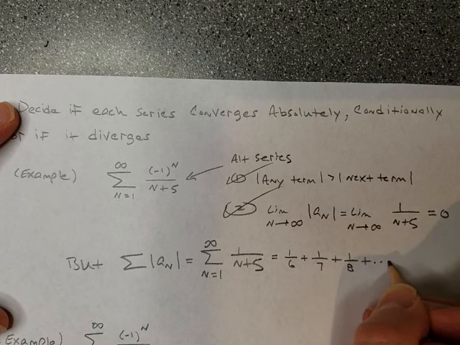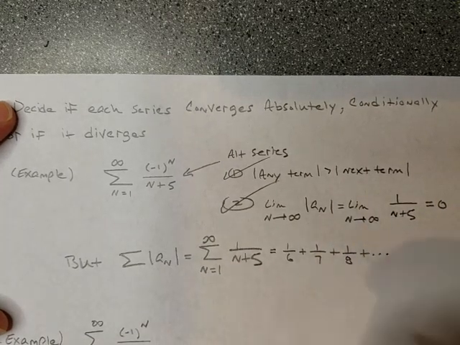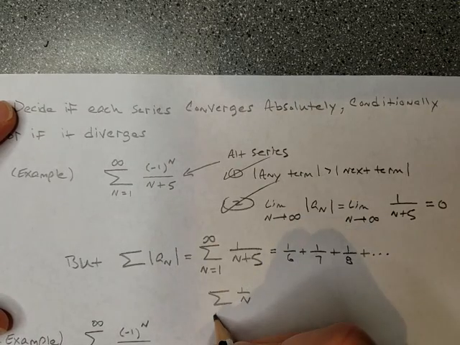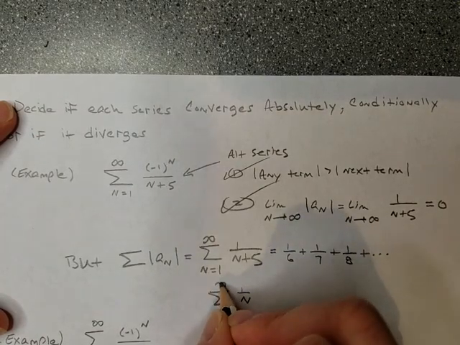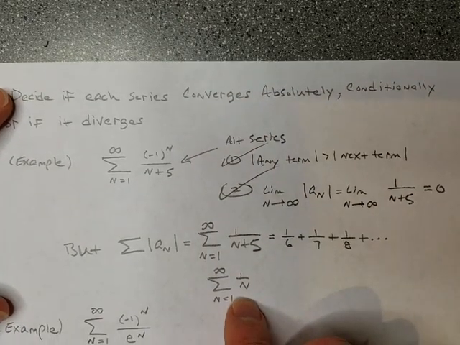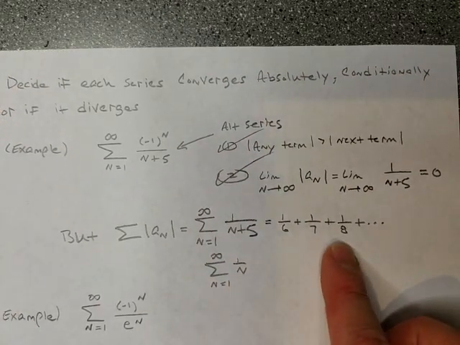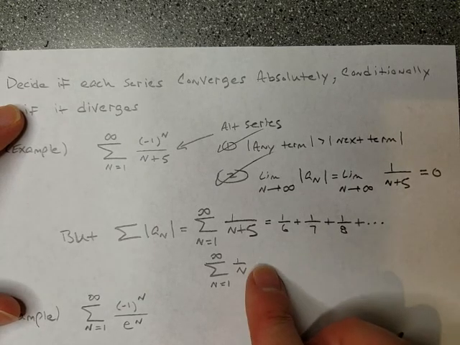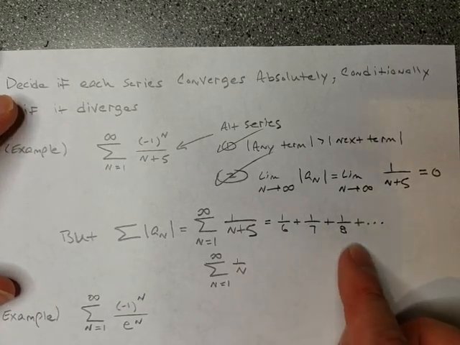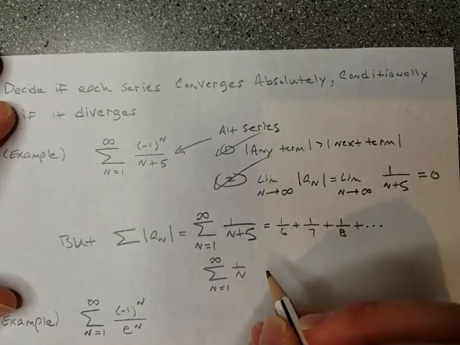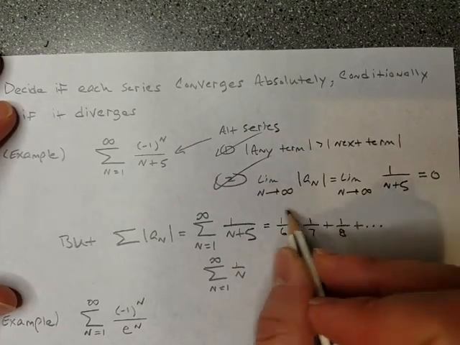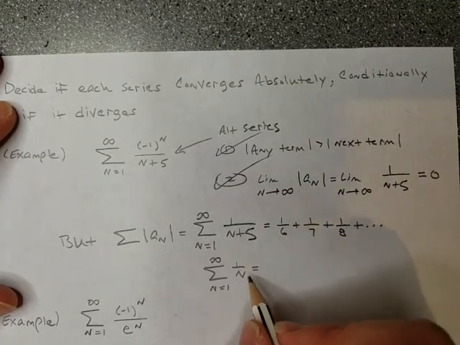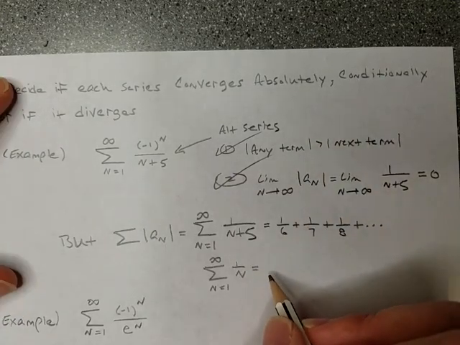Here's an easy enough way to think about it. It's like this series if you lost the first 5 terms, okay? So it's like this p-series, but you lose the first 5 terms. Well, if this one diverges, then so does that one. This one adds up to infinity, I guess you could say.